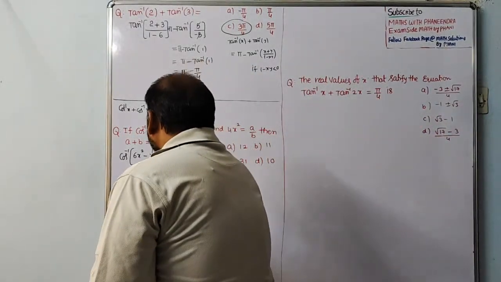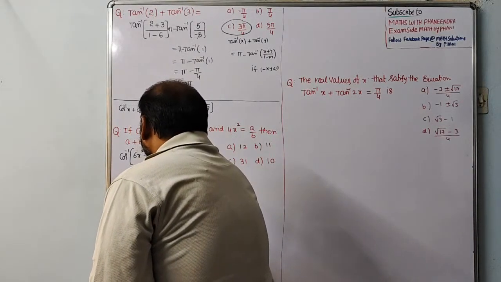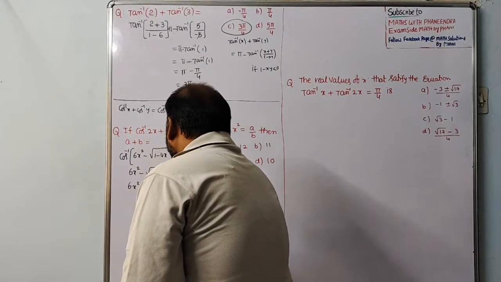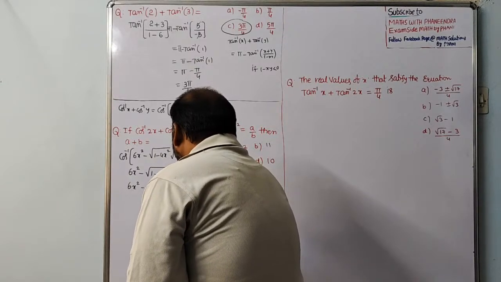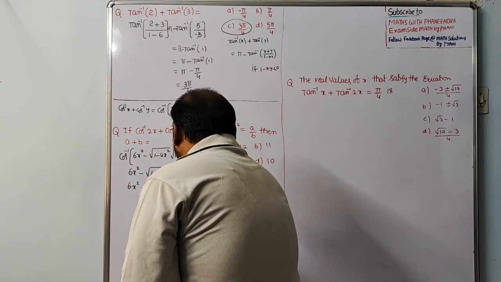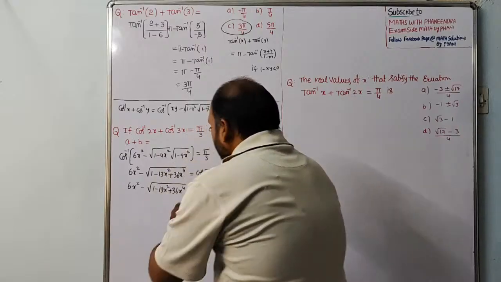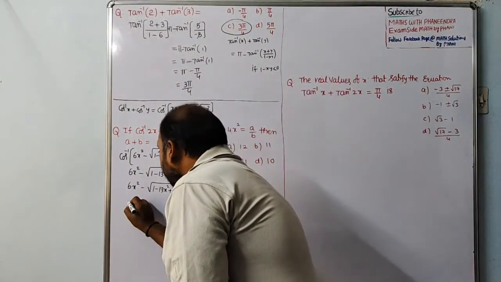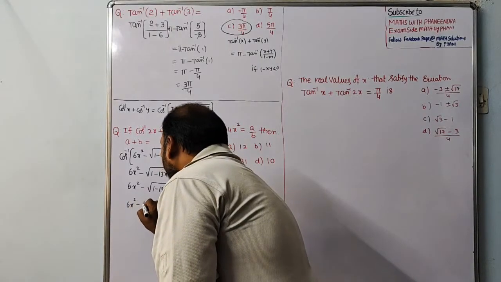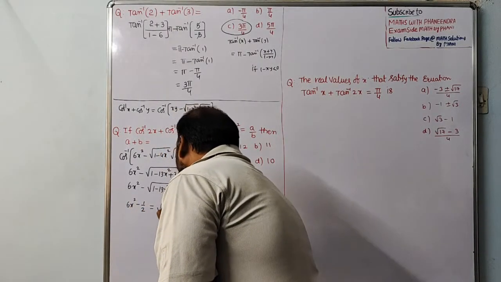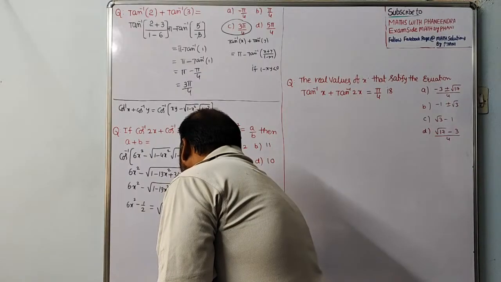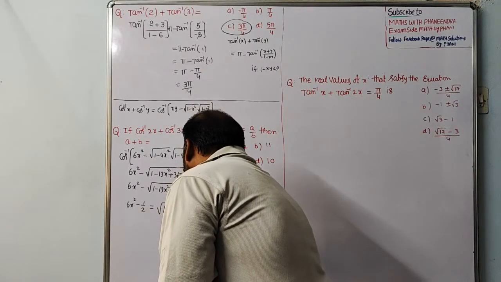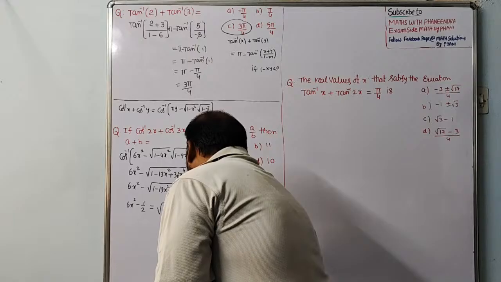So 6x square minus root of 1 minus 13x square plus 36x power 4 is equal to 1 by 2. Bring 1 by 2 to this side and the root value to the other side. So 6x square minus 1 by 2 is equal to root of 1 minus 13x square plus 36x power 4.